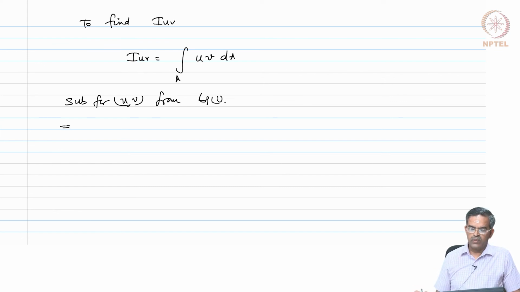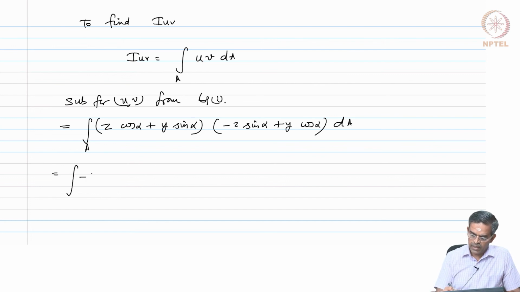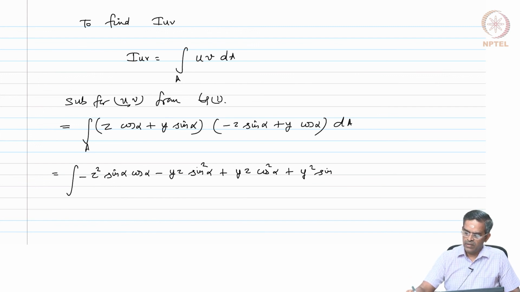So, let us do that, which will be equal to the integral of (z cos alpha plus y sin alpha) into (minus z sin alpha plus y cos alpha) dA for the whole area, which will now become the integral of minus z square sin alpha cos alpha, minus yz sin square alpha, plus yz cos square alpha, plus y square sin alpha cos alpha.